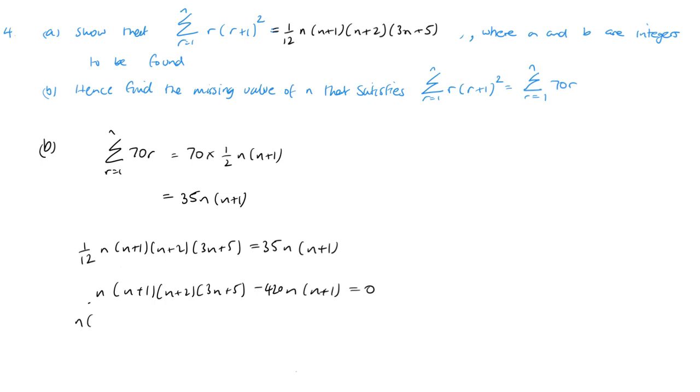Right, now let's go. So n plus 1. You can actually divide by these, n and n plus 1. But generally in maths we tend to say, avoid that kind of cancelling at some point. But yeah, you could probably do that in this case.